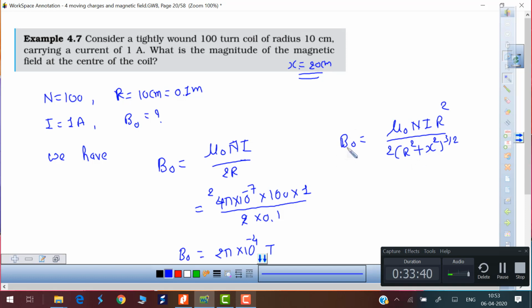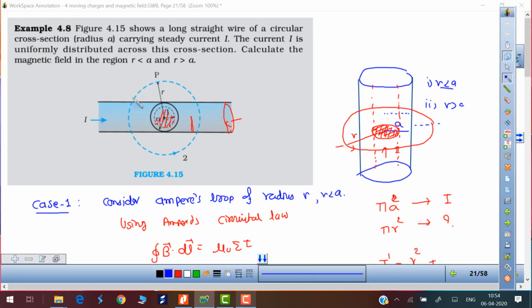So you put x equal to 0.2, r equal to 0.1 and calculate the magnetic field, not B0 now, but the magnetic field at x equal to 20 centimeter. You will get that answer. Here it is not mentioned anything about the direction, because without the current direction you cannot determine the direction of the magnetic field. It also depends on the orientation of the coil too.